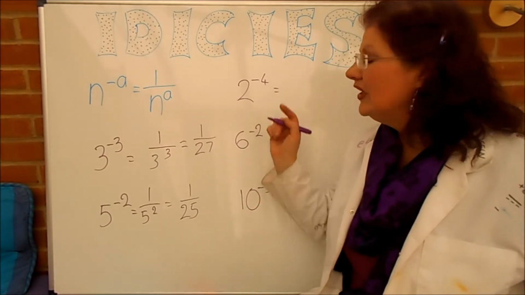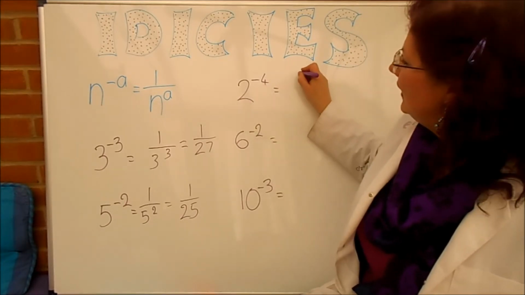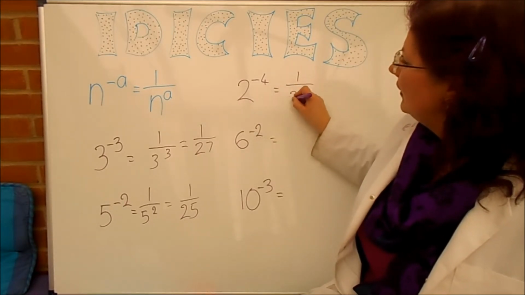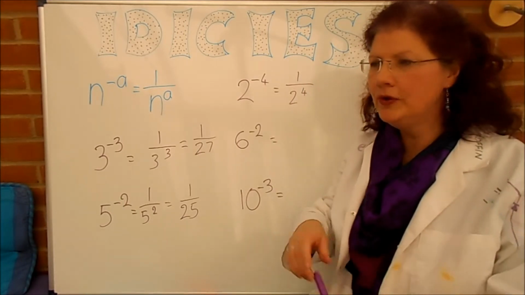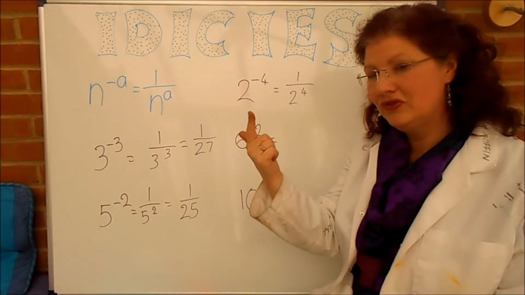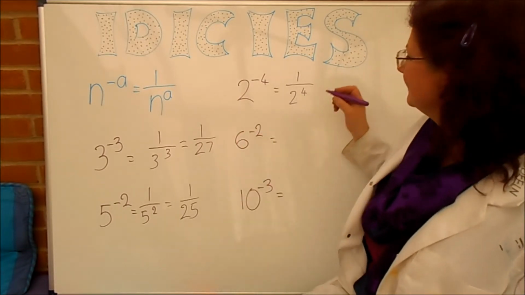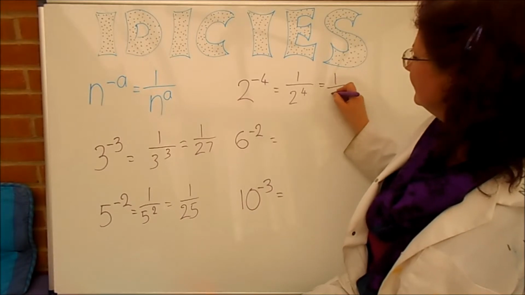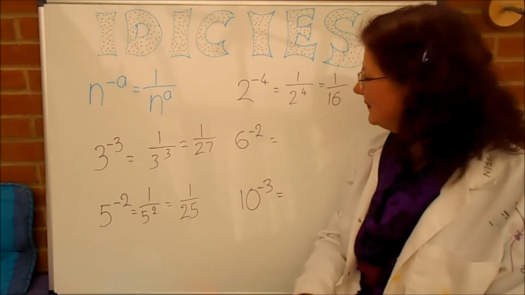Okay, the next one's 2 to the power negative 4. 2 to the power negative 4 is equal to 1 over 2 to the power normal 4. 2 to the power 4: 2, 4, 8, 16. Okay with that?